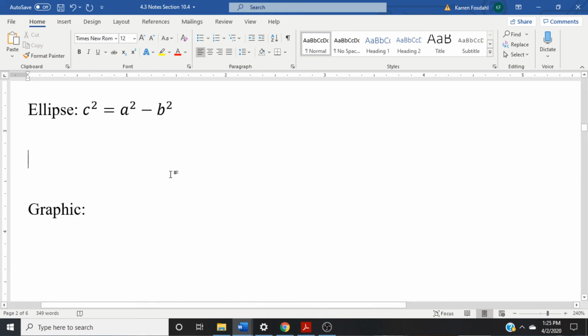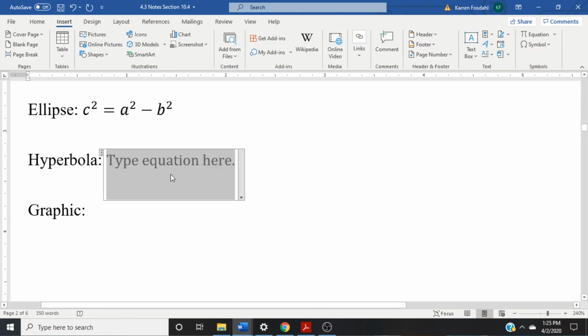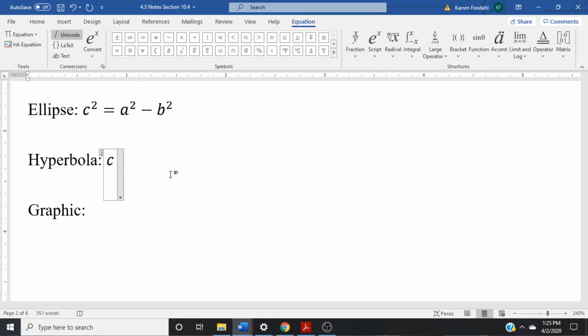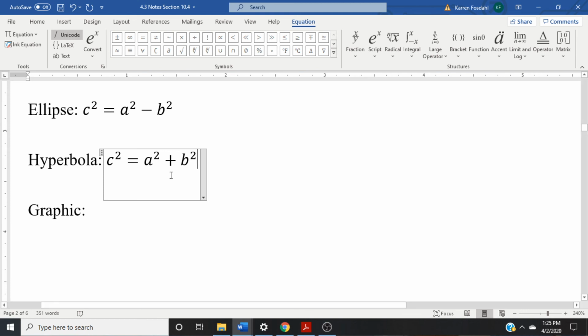And a hyperbola has the formula c squared equals a squared plus b squared. Okay, so a hyperbola is going to have a different formula for our c. Okay, find c.